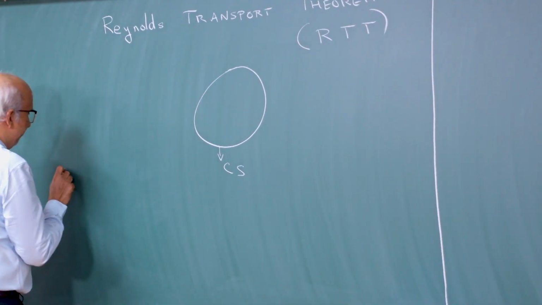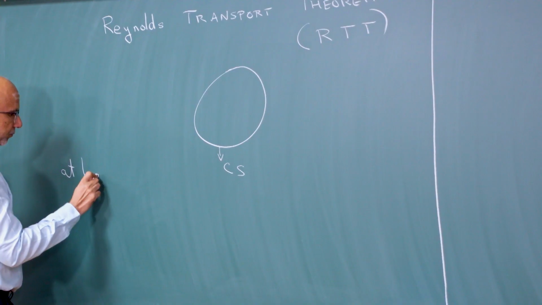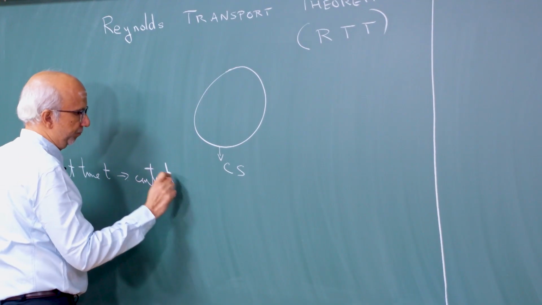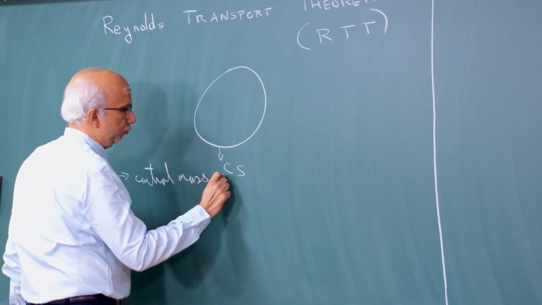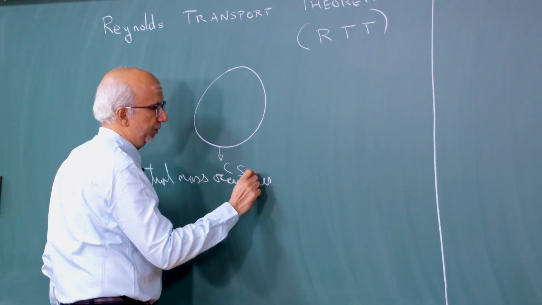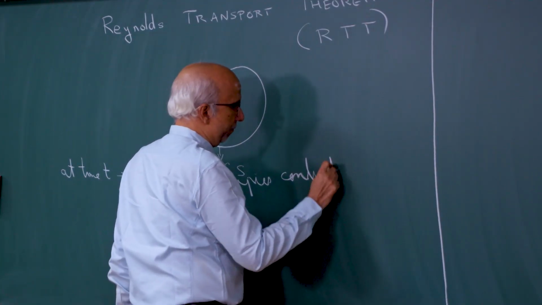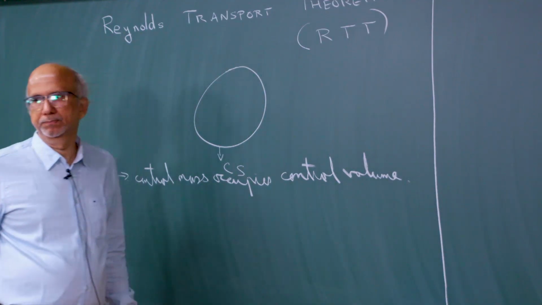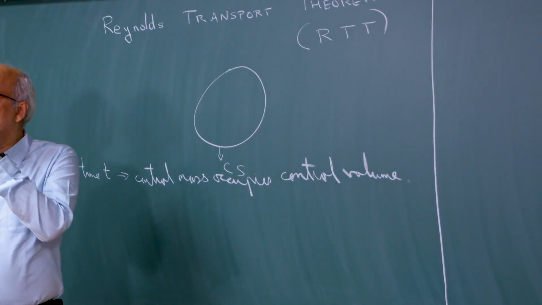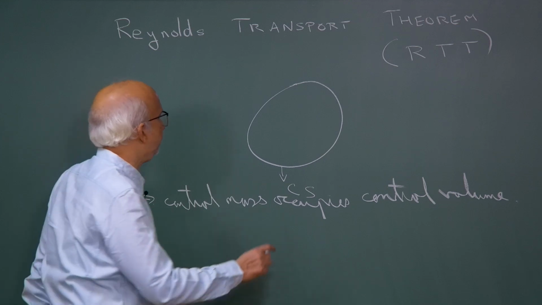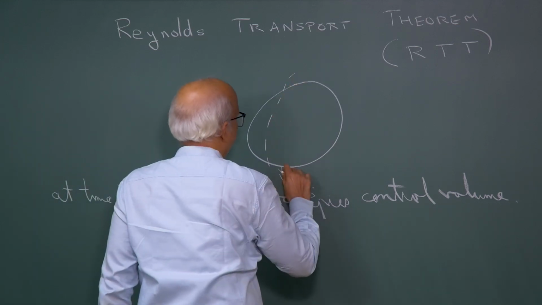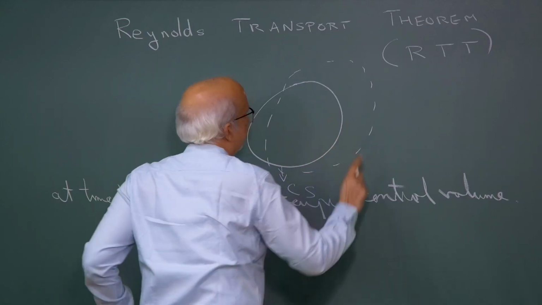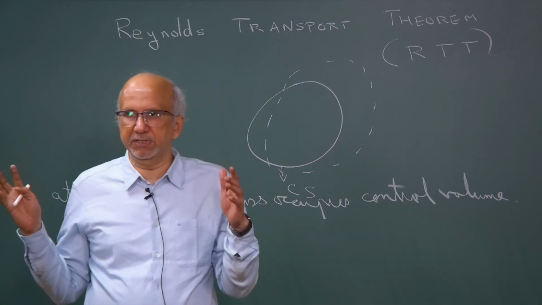So, this region, the whole thing inside is my control volume. So, at time t, I say the control mass occupies the control volume, okay, and because there is flow, what is going to happen is the control volume, remember, is fixed in space.